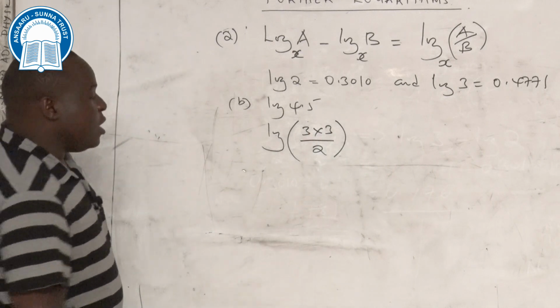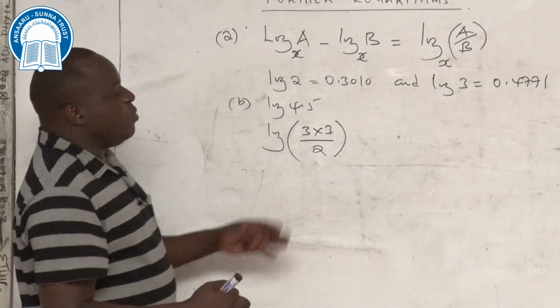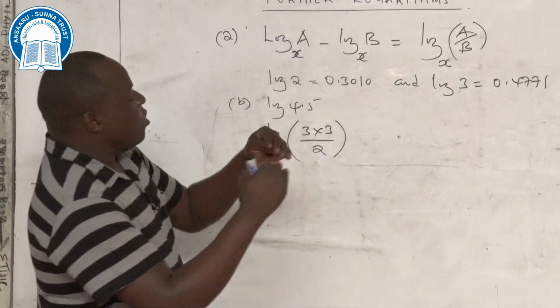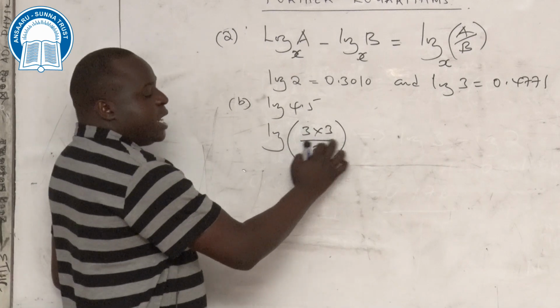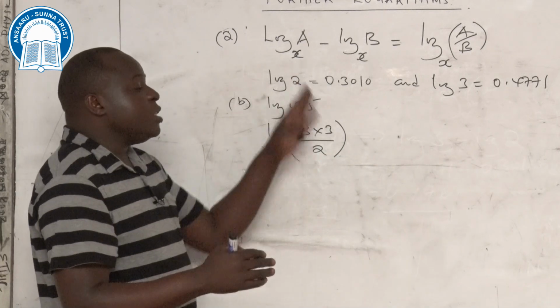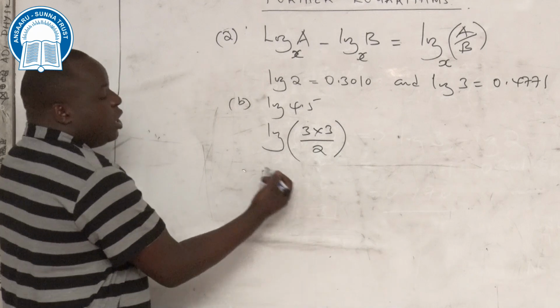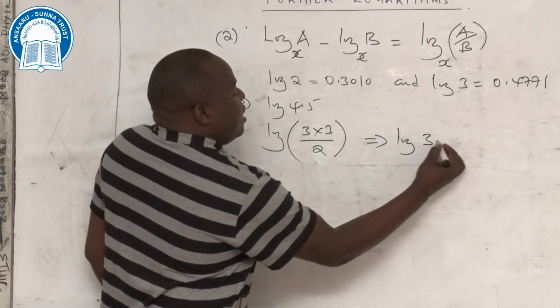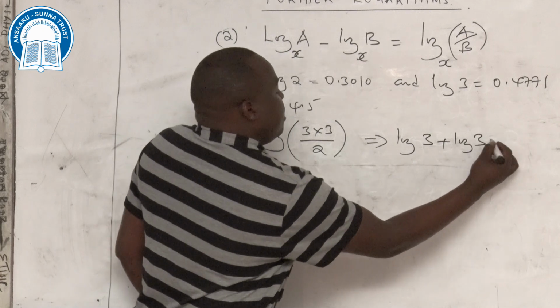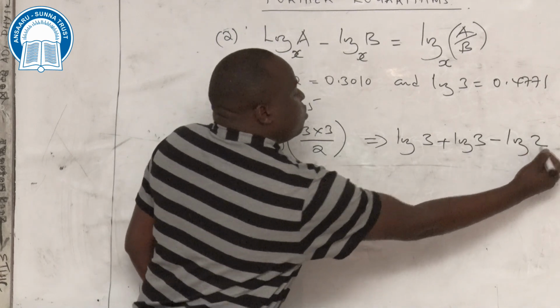That way, this now will bring in both the two laws that you have learned, because I can see some multiplication and division. So the two laws are supposed to be used in this question. This leads to log 3 plus log 3 minus log 2.